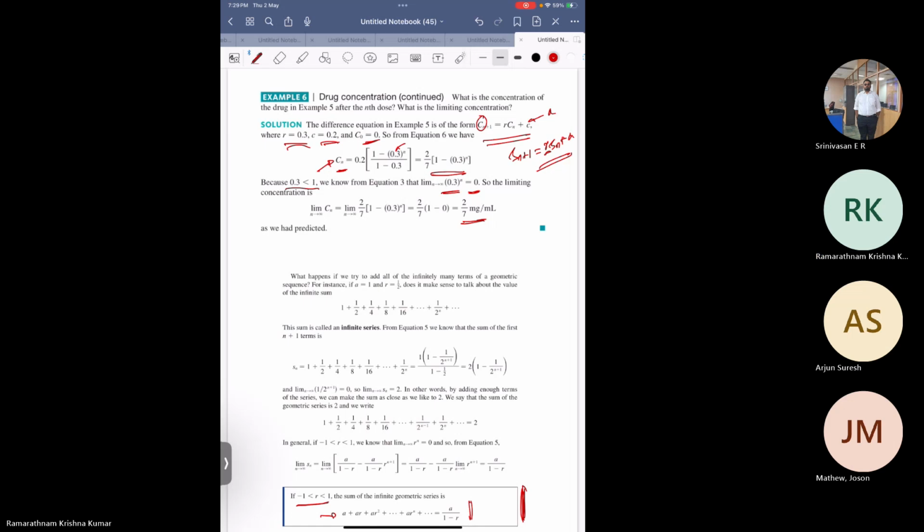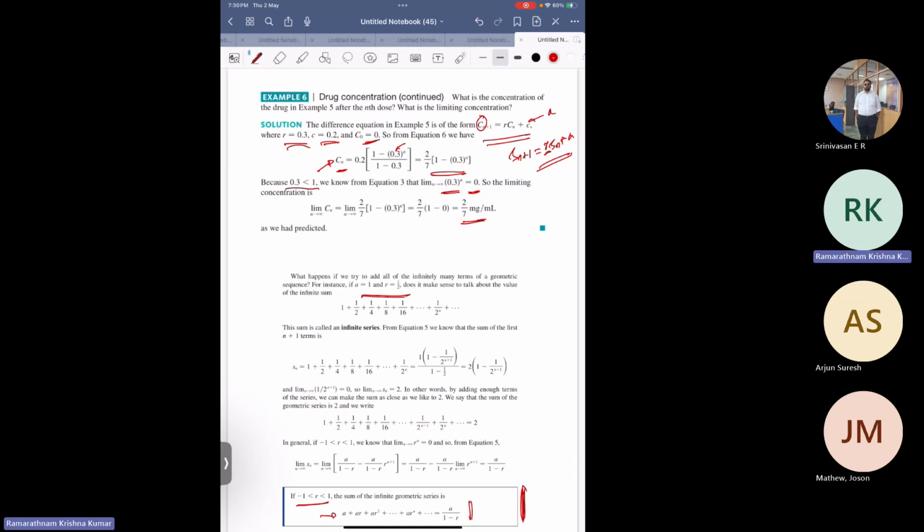Now, we can just check that. Say for example, in this case, A is equal to 1 and R is equal to half. How would this series look like? It will be 1 plus half plus 1/4 plus 1/8 and so on.